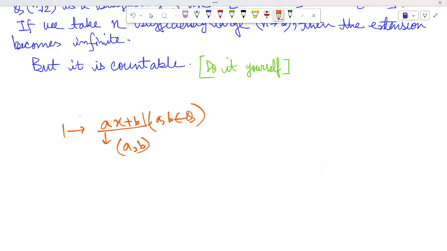The number of such equations of degree 1 is countable because the parent set is Q cross Q, which is countable, and the pairs are a subset of a countable set. So the number of such equations is countable.